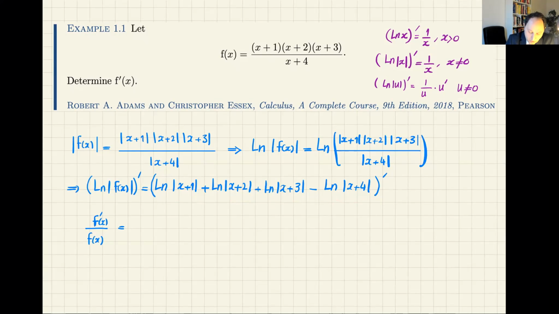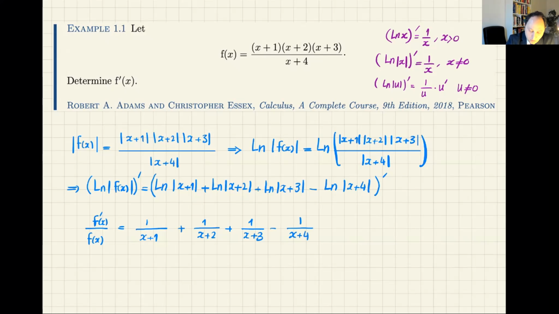So it becomes 1 over x plus 1. Why did I say 1? Because u prime in this case is x plus 1 prime, which is just simply 1. So the next one is also, for the same reason, this. The next one also becomes this. And the next one becomes this with the negative sign.